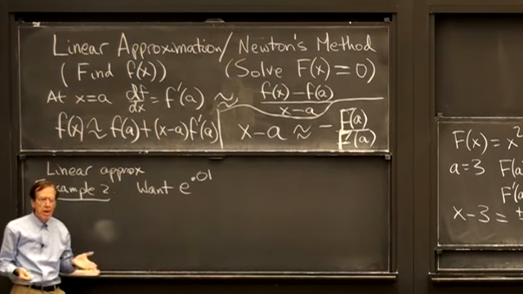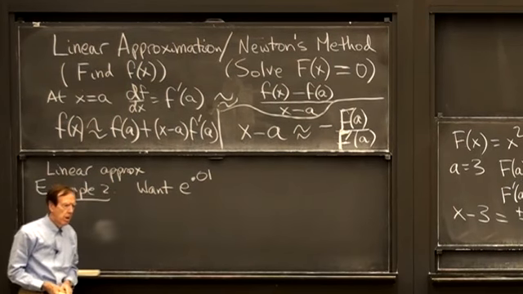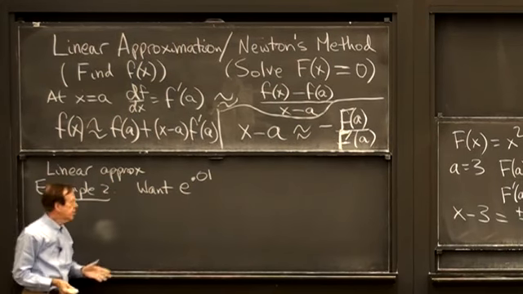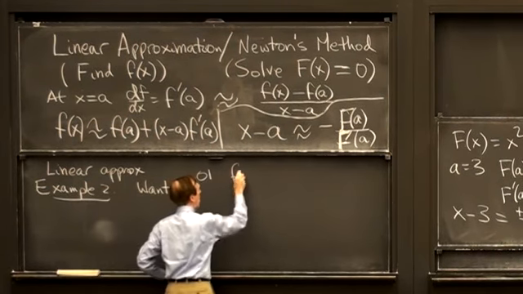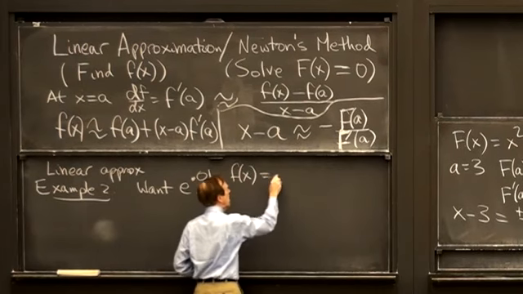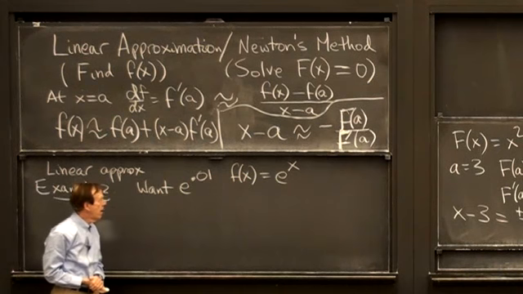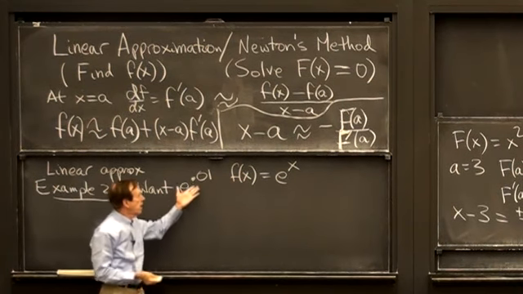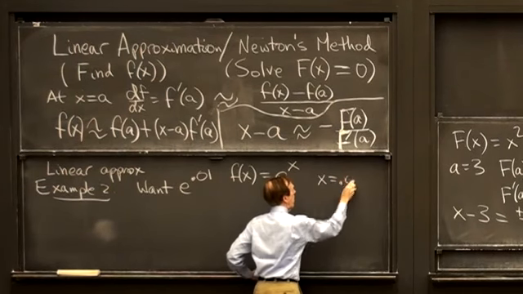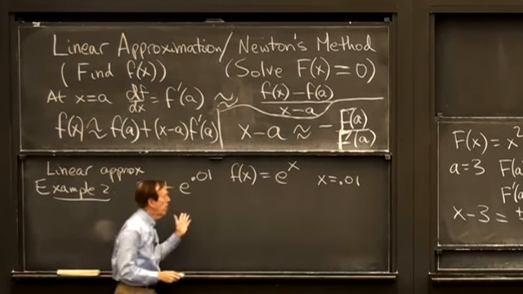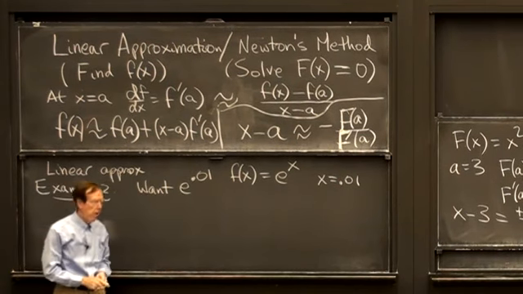What's the value of e to the power 0.01? Okay. So the function is e to the x, and I'm looking at x is 0.01. That's what I want.